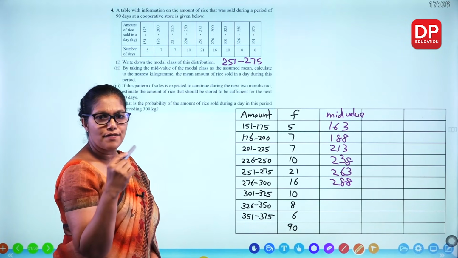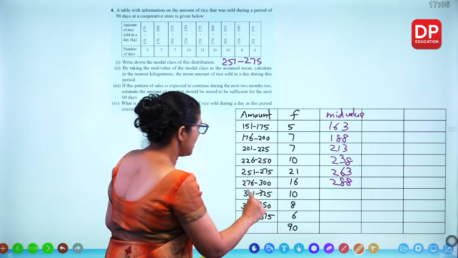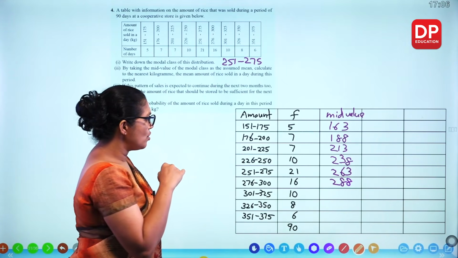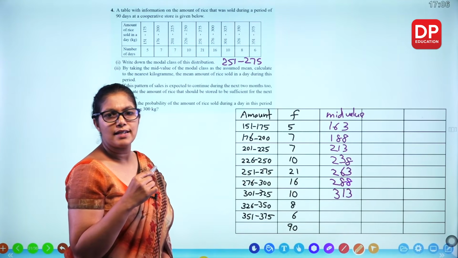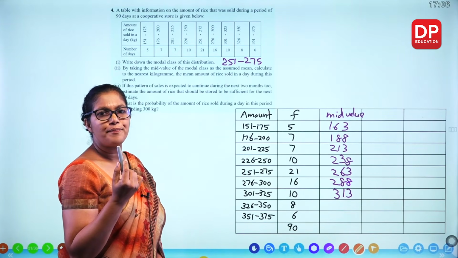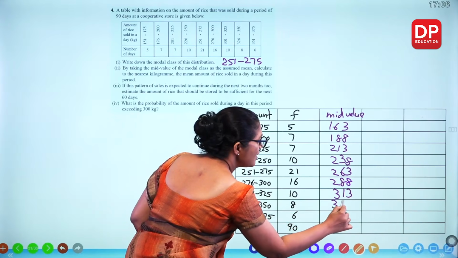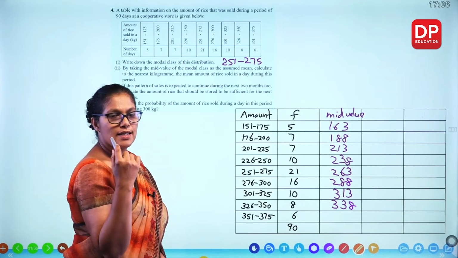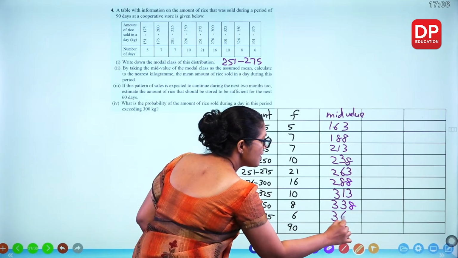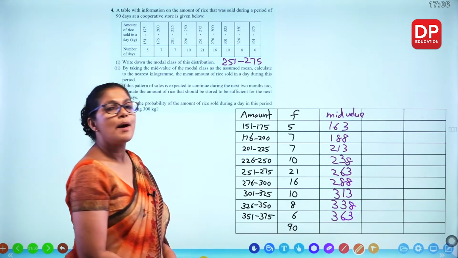This one, what's the difference? You get, add and divide by 2, 313. And the other one, 338. Last one, you get 363. Those are the mid values.